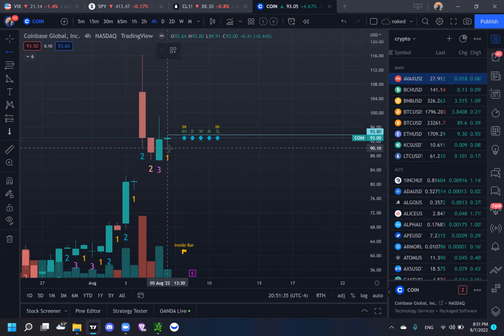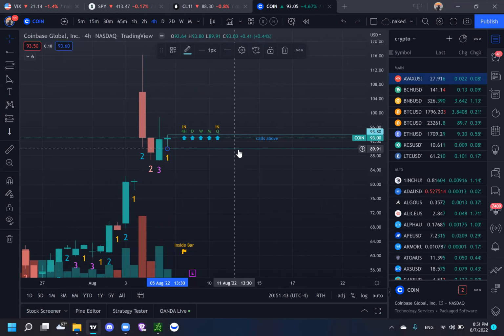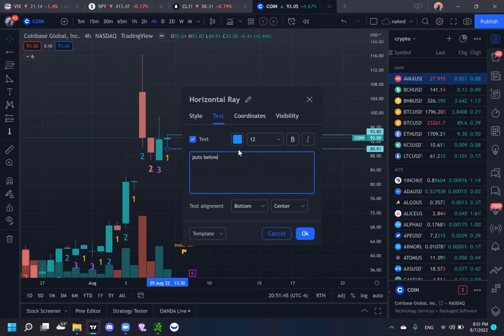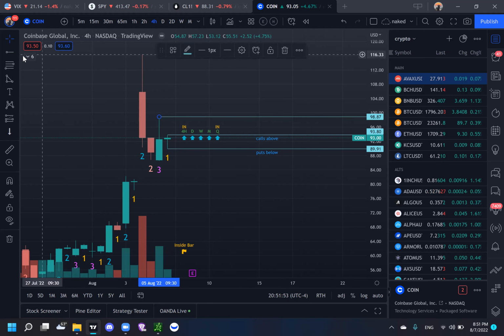We would go short here. So calls above, and then puts below. And then of course the targets. Damn, that's a nice target though. And then you take it all the way back up.